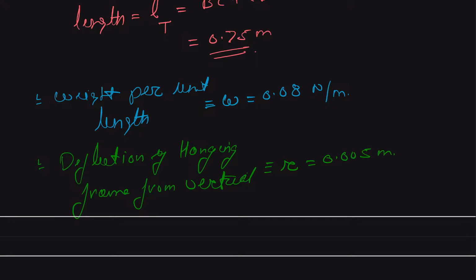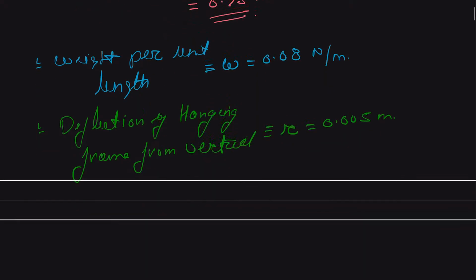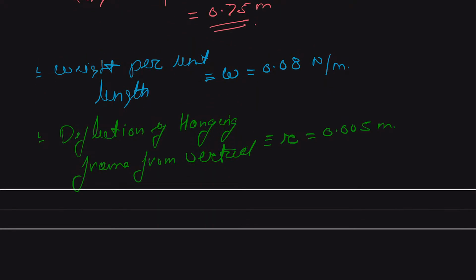Okay. And so it means that the distance between the CD and our GH, this is our R.